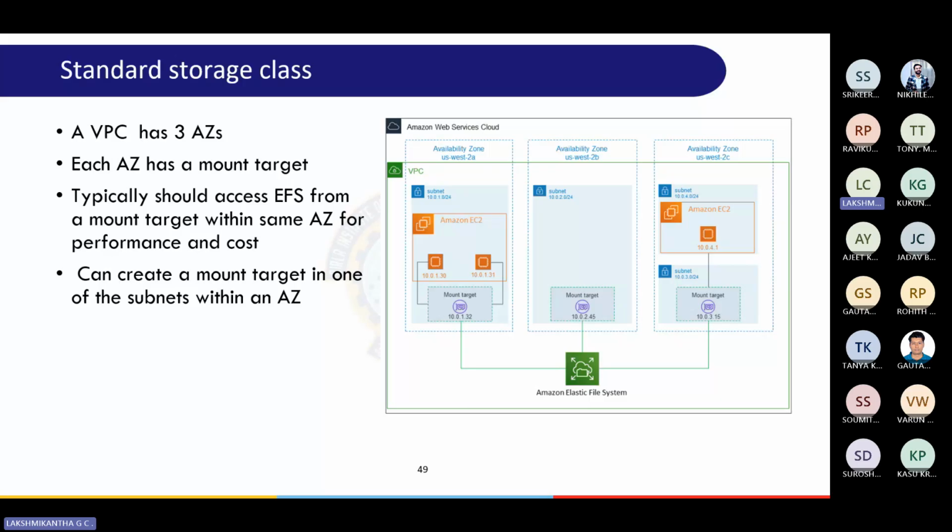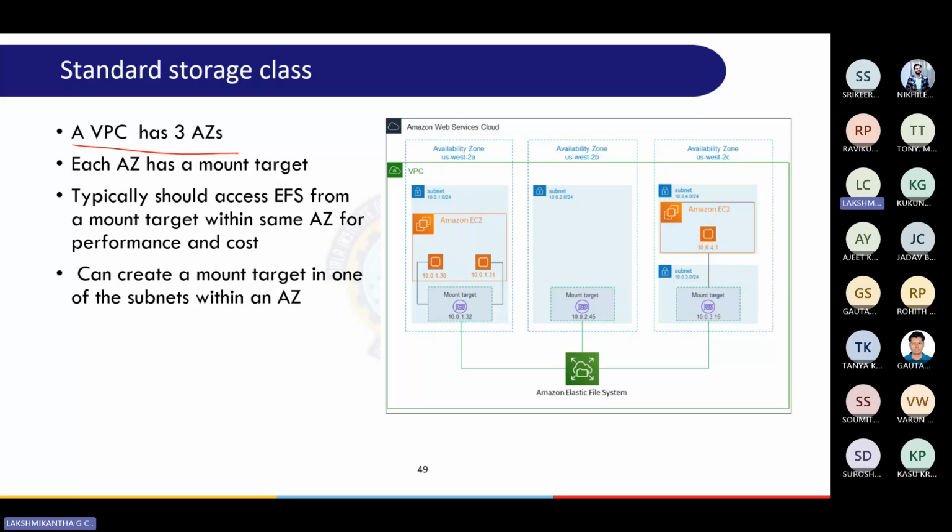So this slide helps us visualize the EFS standard storage class within a typical VPC setup. Okay, now what I would like to say is, guys, imagine your VPC has 3 availability zones, because the EFS standard class is highly available and replicated across multiple AZs.